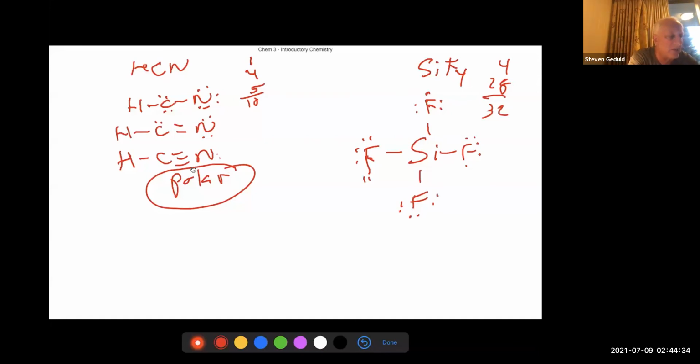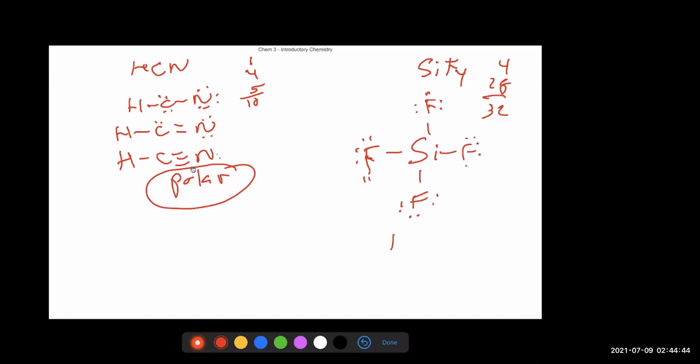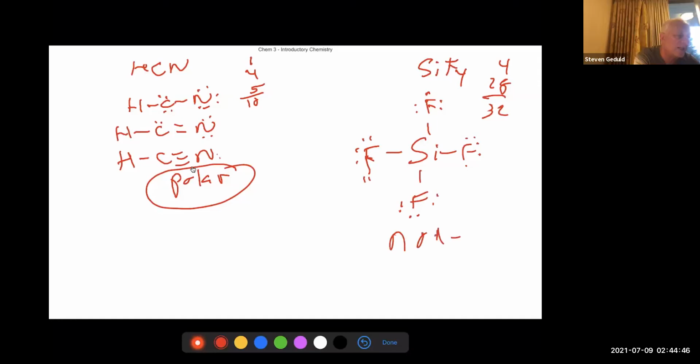We have 6 times 4, 24, 26, 28, 30, 32. That's our Lewis structure. Polar or non-polar? Non-polar. 4 of the exact same things attached, they cancel out. Perfect. All right. And I think that's it. That's the end of chapter 9.